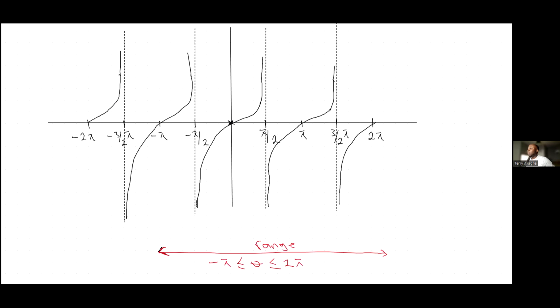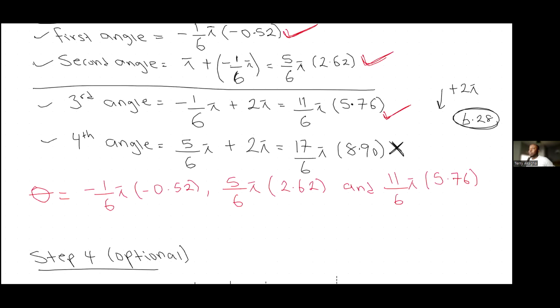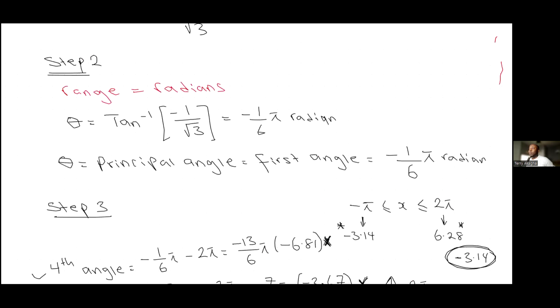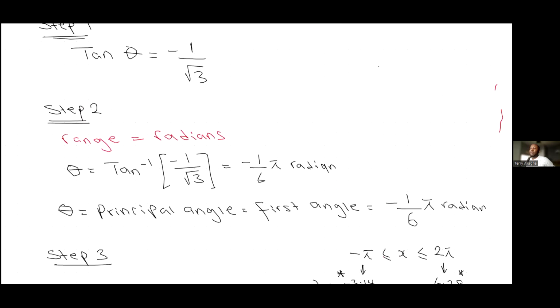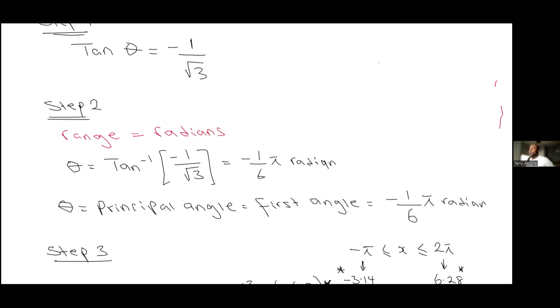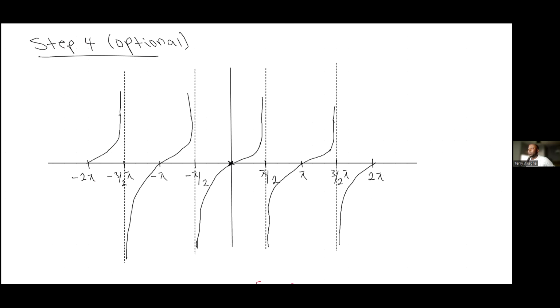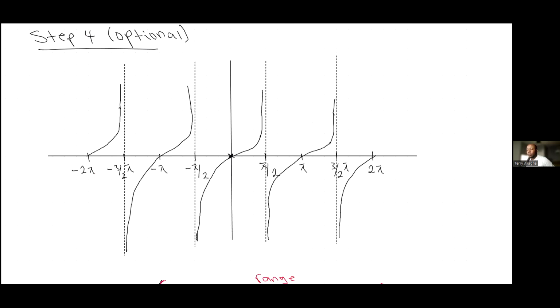And the value we had that we're checking here was minus 1 over root 3. So let's assume that this point here, let's just pick any point.